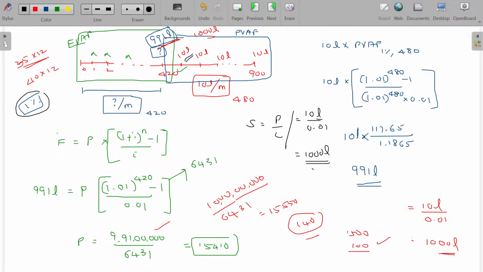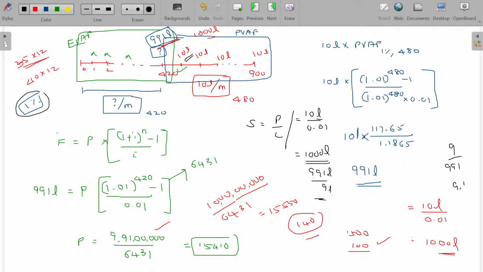So 991 lakhs gives you the benefit up to your life end. Matter of 9 lakhs excess, you will be getting the benefit for an infinite period. It means additionally how much you have to invest? For 991 lakhs, another 9 lakhs you have to invest further.